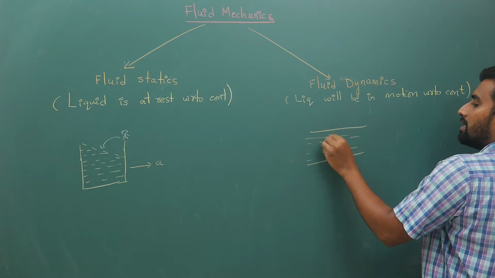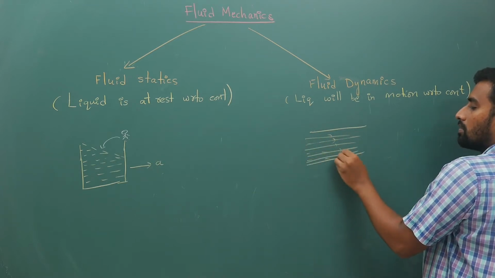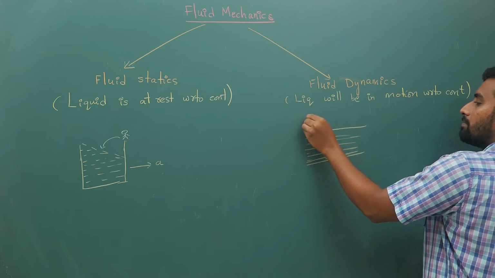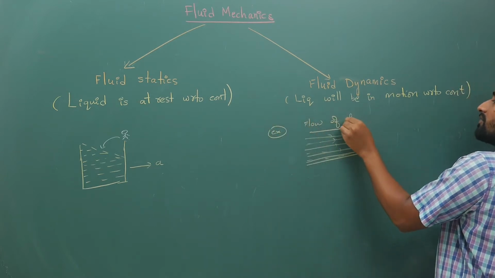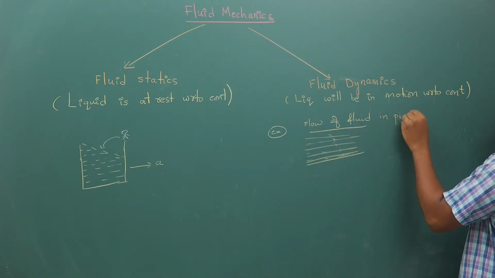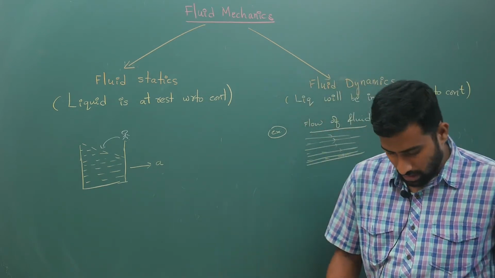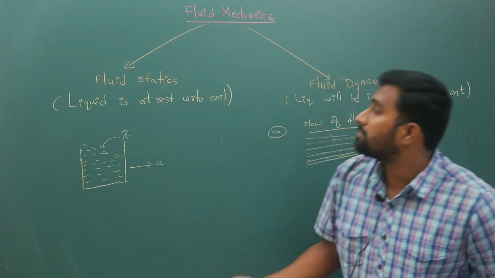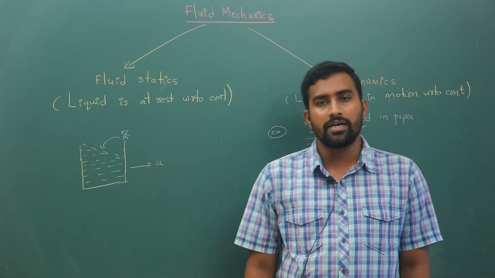When liquid is going like this, it is called streamline flow. So the example is flow of fluid in pipes. Like this you have two major topics. I am basically dividing fluid mechanics into two parts: fluid statics and fluid dynamics.